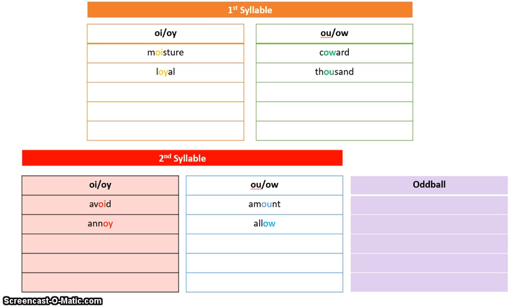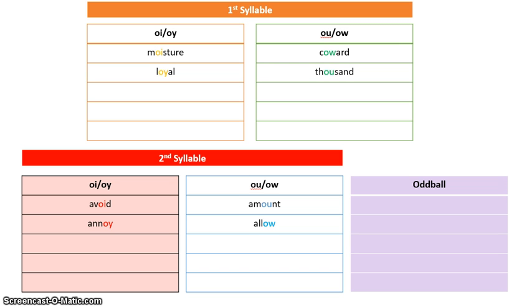Now, I want you to make sure you're paying attention. You have an oddball column out here, so you need to be very, very careful about what you're putting in that first chart. We only have 3 blanks left. That means there can only be 3 words that go in there. So sort through them. Find the words that need to go on that chart. When you're ready, come back.